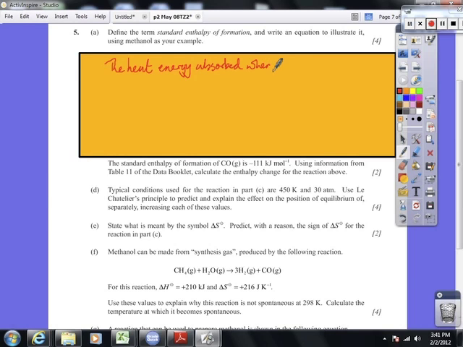when 1 mole of a substance is made from its elements, and those elements need to be in their standard states, or natural states.